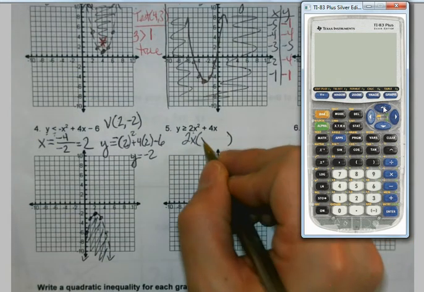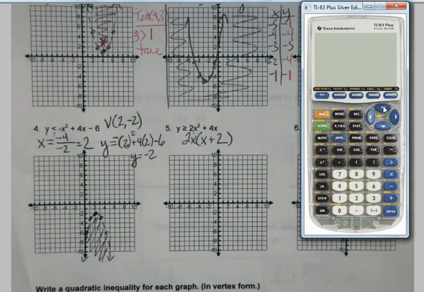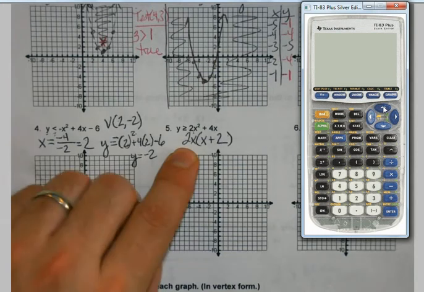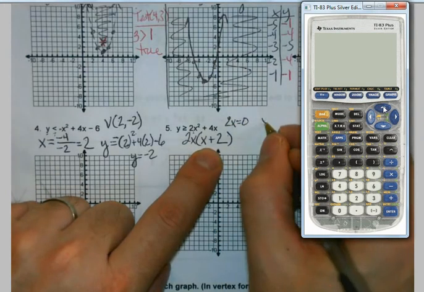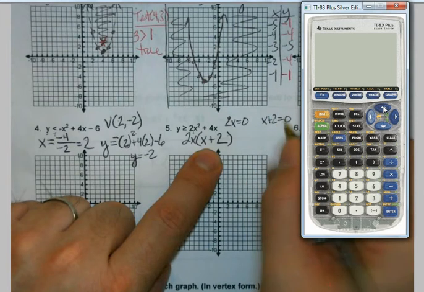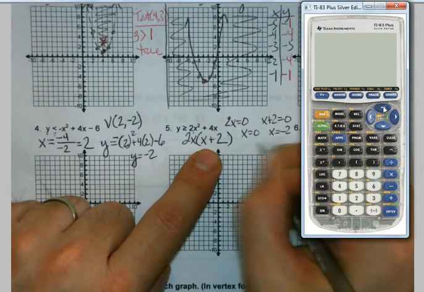I'd be like, okay. So I get that factored out. Well, now what? Well, now it's an intercept form. So I could take each of my factored pieces, set them equal to 0, and find my x-intercepts.